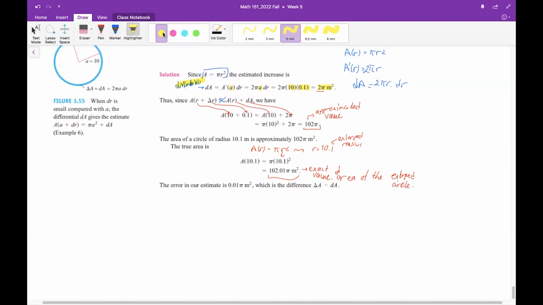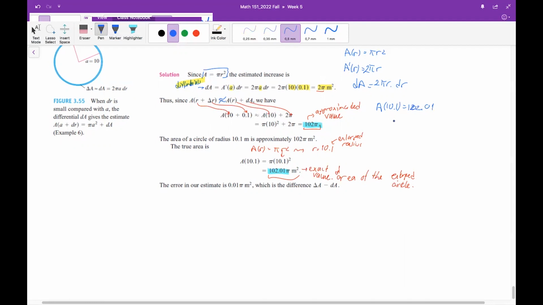Now you can compare these two values. One is like that, one is like this. So as a result, I can say that we computed the exact value as this computed value here, 102.01.